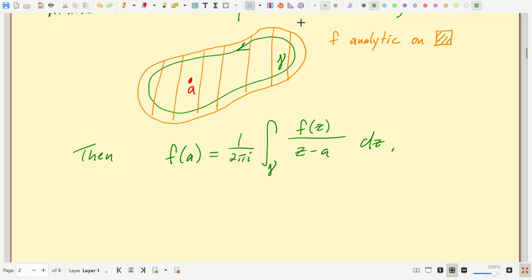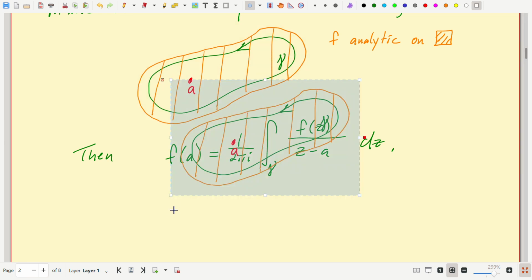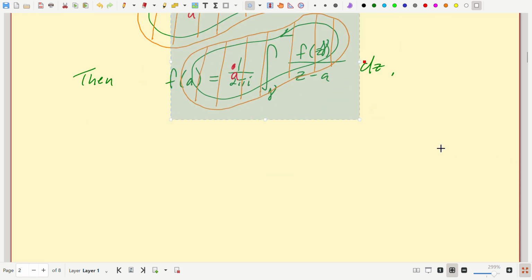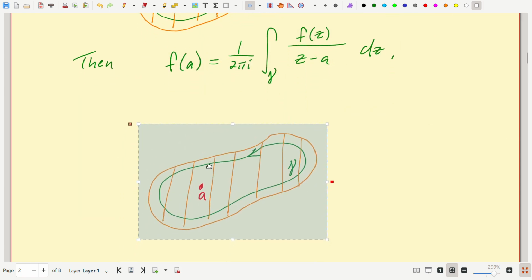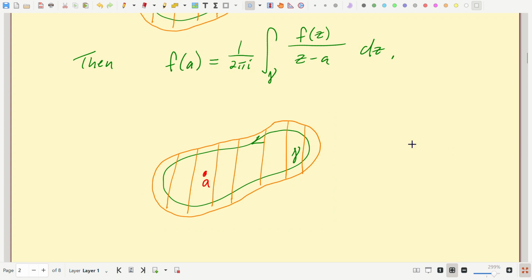Rather than drawing this again, let me copy it. Okay, here's my demonstration. In this picture, I'm going to take a little tiny circle about this point a.